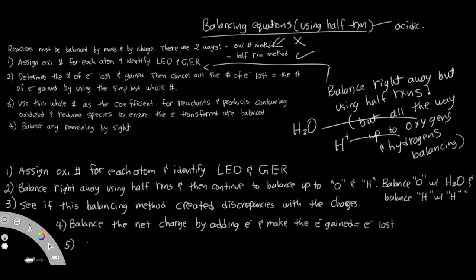And then step 5, you finally add those half reactions and cancel any like terms. And we honestly should be able to completely balance it out naturally.